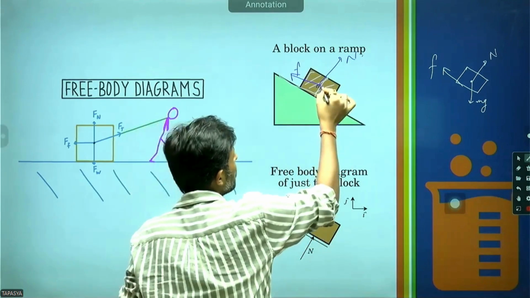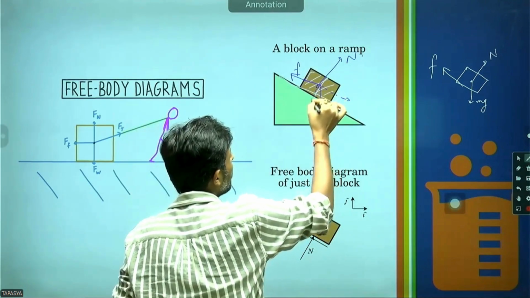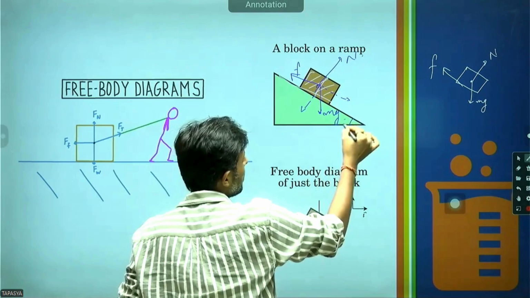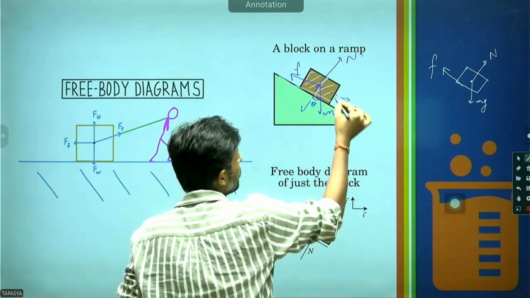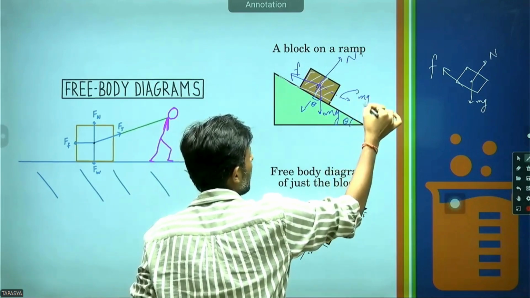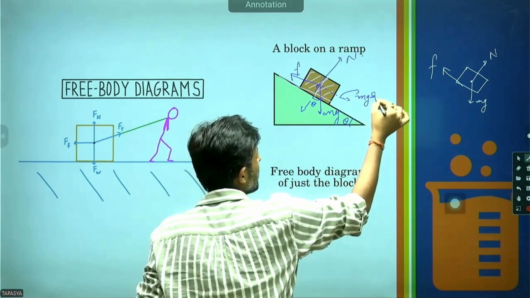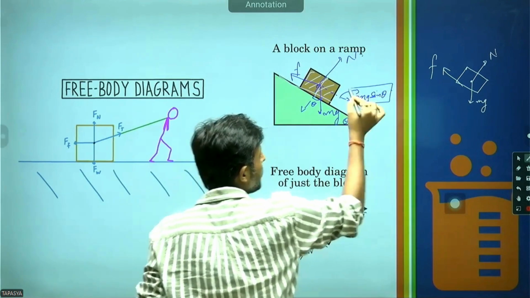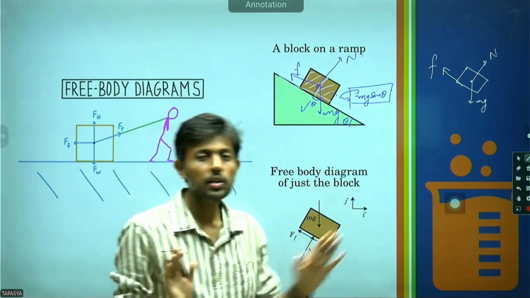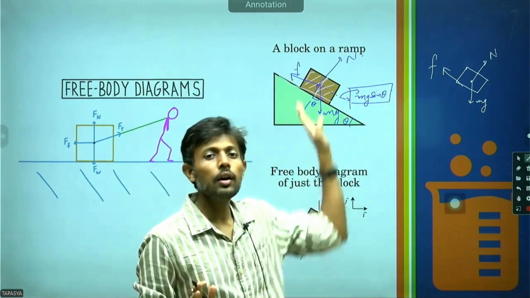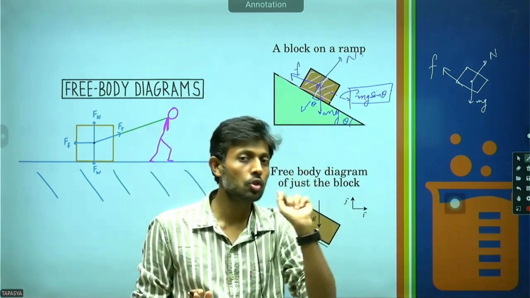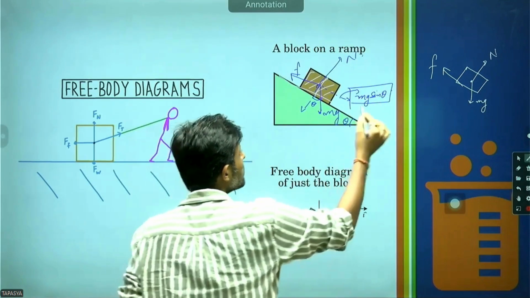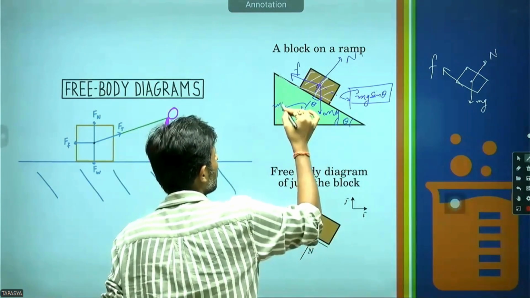That is where resolution of vectors comes into the picture. You will learn about that later. If this is theta, this is theta. So this component turns out to be mg sine theta. This is simple trigonometry, nothing much, but you would be taught how to split a vector into its components. This is mg sine theta, and this would be mg cos theta.